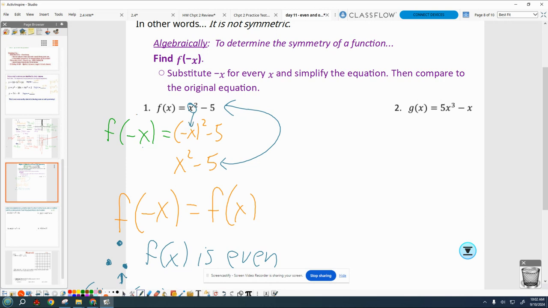Negative x times negative x is positive x squared. The negative 5 was there, it's still there. So this right here is f of negative x. And I asked Seth to compare, does f of negative x equal f of x? And he did, yeah. So it's even.